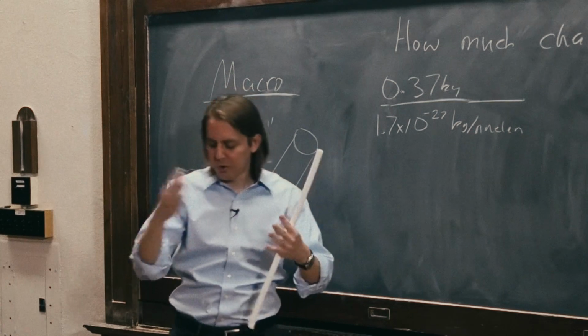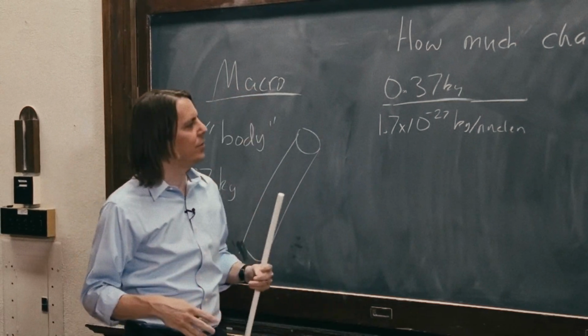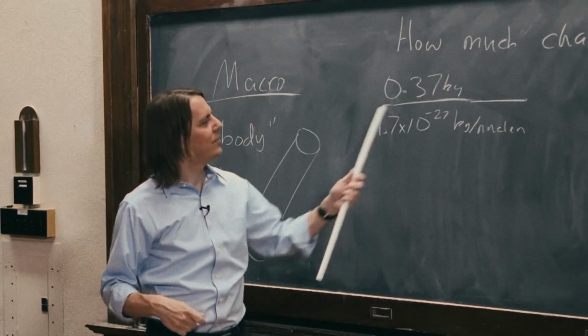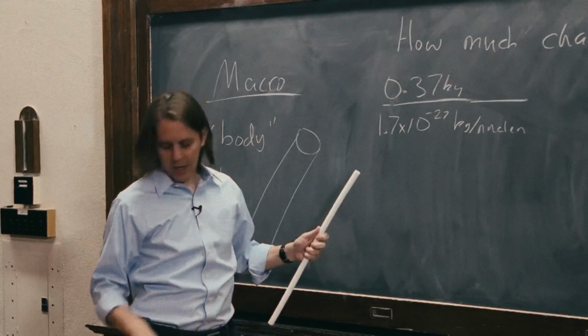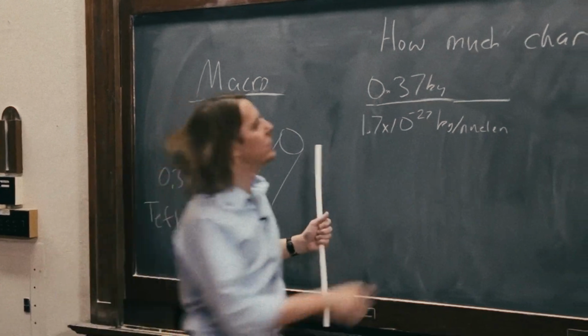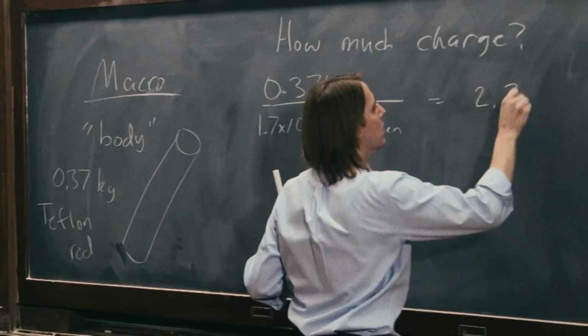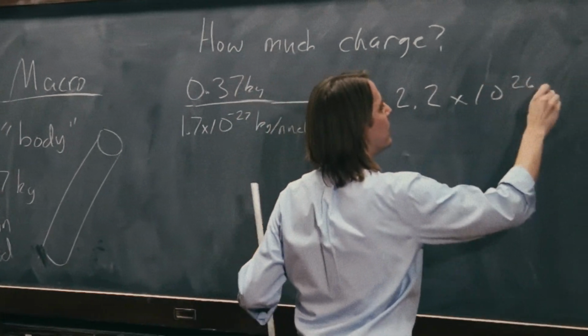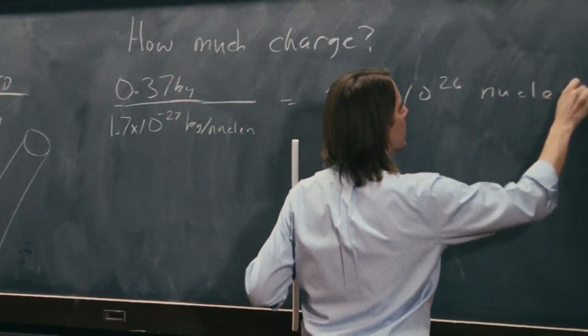Just if you're talking about one or the other, you call it a nucleon, things that live in the nucleus. So we have our big mass divided by the mass of an individual nucleon, and you put those together, and you get 2.2 times 10 to the 26 nucleons.